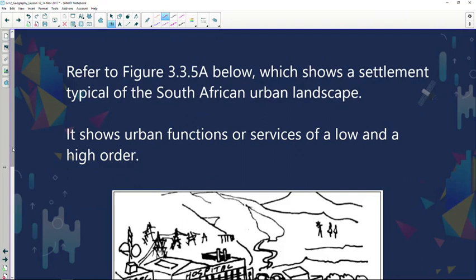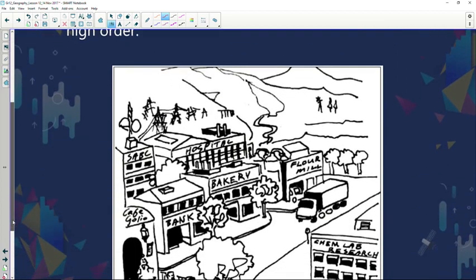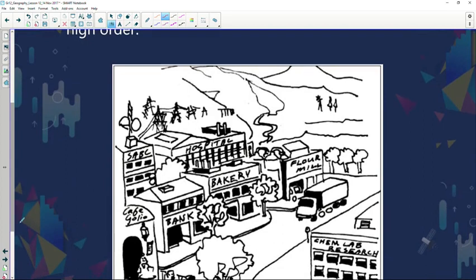Now, if you look at this diagram, refer to figure 3.3.5a below, which shows a settlement typical of the South African urban landscape. It shows urban functions or services of a low and higher order. When we looked at urban settlements, we looked at high order services and low order services. Low order services are services that you require on a daily basis.